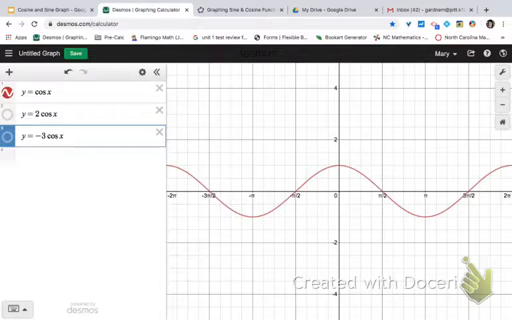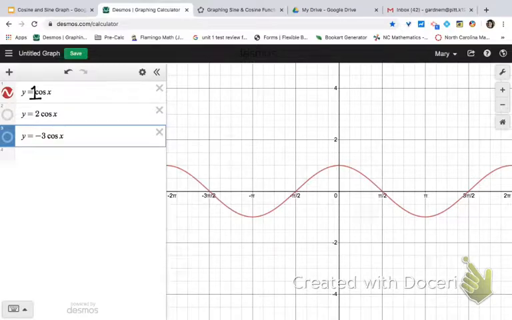So I've gone back to y equals cosine x. Here you see the parent function. We can assume that there is an imaginary 1 in front of that cosine, which means my amplitude is 1.